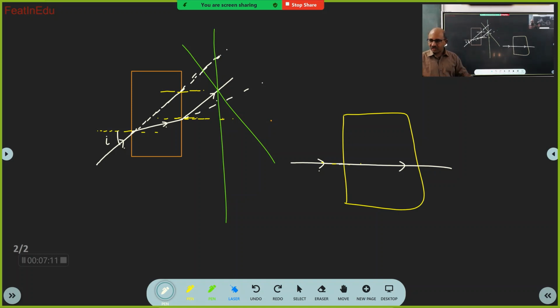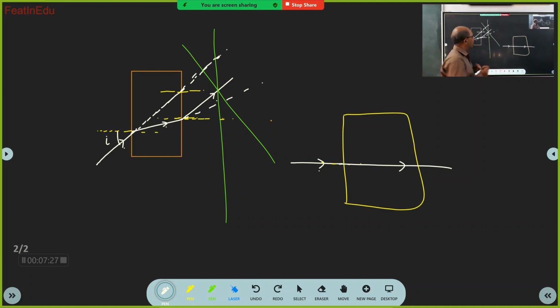See, it's the consequence of the bending of light. Refraction is a phenomenon, reflection is a phenomenon, so lateral shift is a consequence of that, and that depends upon the arrangement.